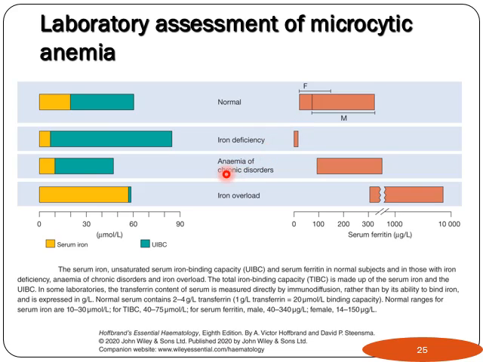In anemia of chronic disease, there is slight decrease in the serum iron with slight increase in the iron binding capacity, with elevation in the serum ferritin or normal ferritin, while in iron overload, the serum iron is highly elevated with low iron binding capacity and of course high serum ferritin.